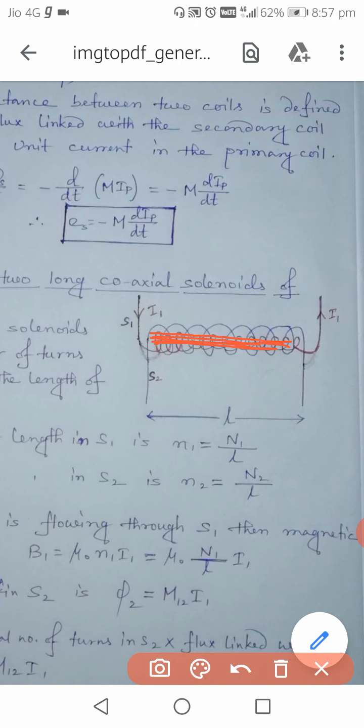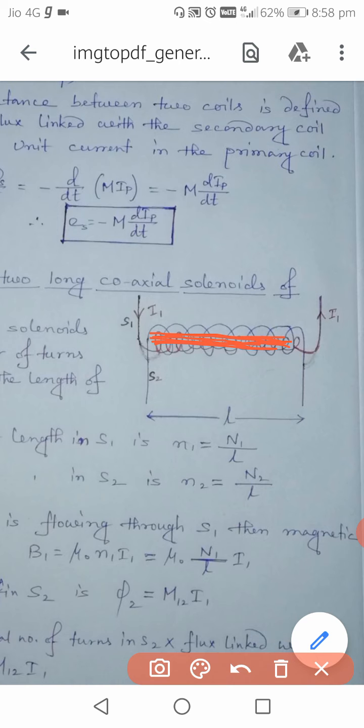We got this concept in chapter 4. So the field lines are confined only within the area of the first coil, because current is flowing through the first coil. Understood?